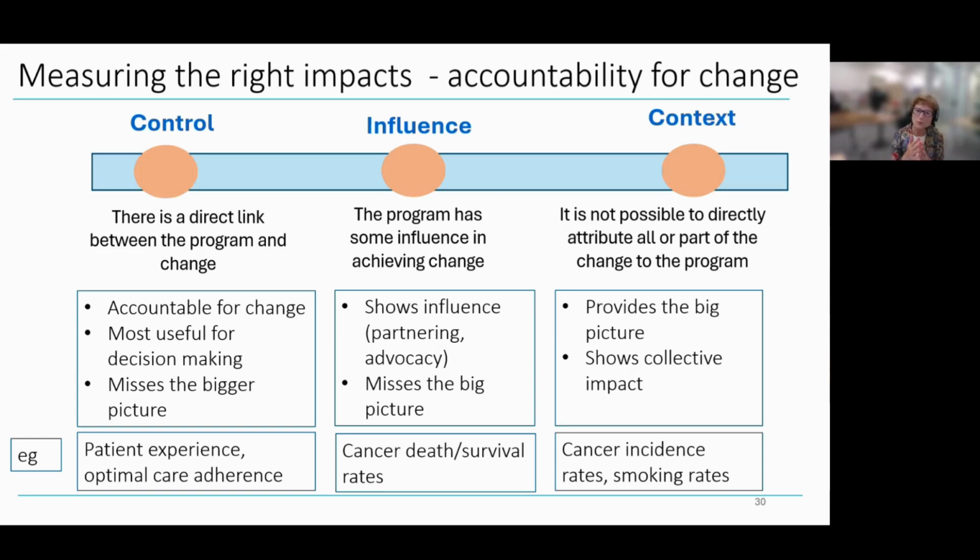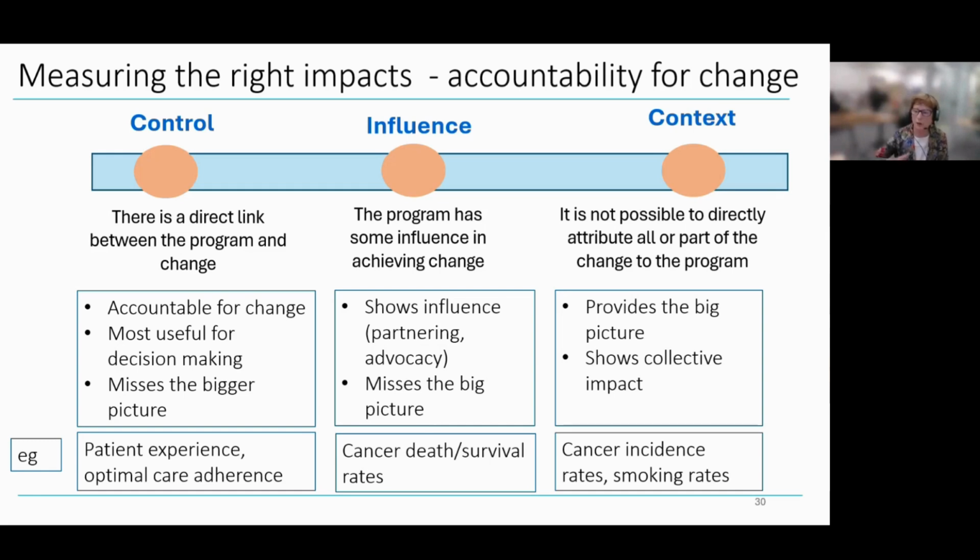So if we move to measures of achieving change through things you influence, that shows the influence of your partnering, your advocacy, and other collaborations and other processes, but it too misses the bigger picture.